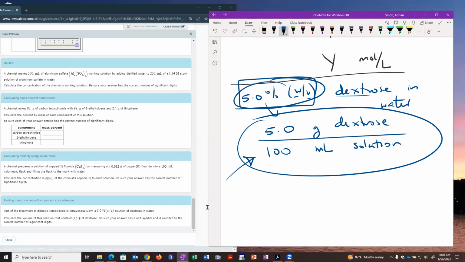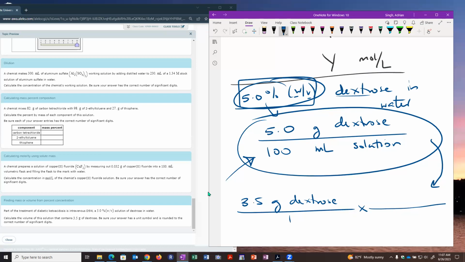This is saying calculate the volume of this solution that contains 3.5 grams of dextrose, right? So now you need to figure out, if you want to get 3.5 grams, what volume of solution would contain 3.5 grams of dextrose? I can take this concentration and use it like a conversion factor.